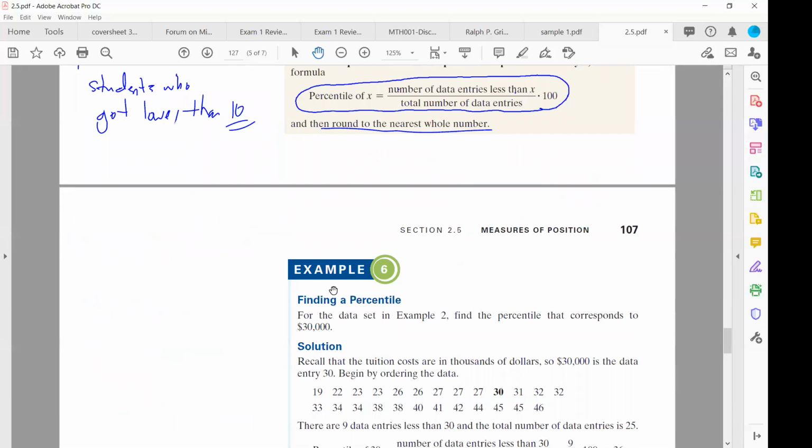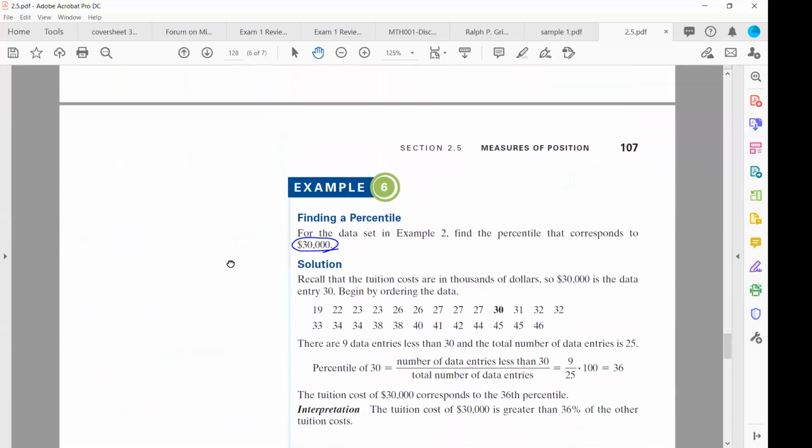Let us take a look at another example. So here you have example 2, and your goal is to find the percentile that corresponds to $30,000. First, we put the data in order: 19, 22, 23, 23, 26, 26, 27, 27, 27. Guys, repetition is important.